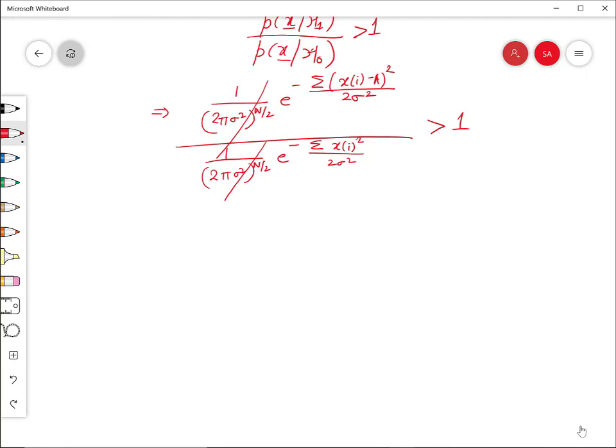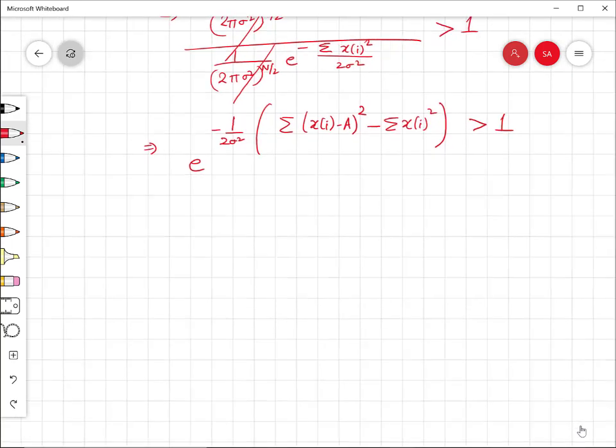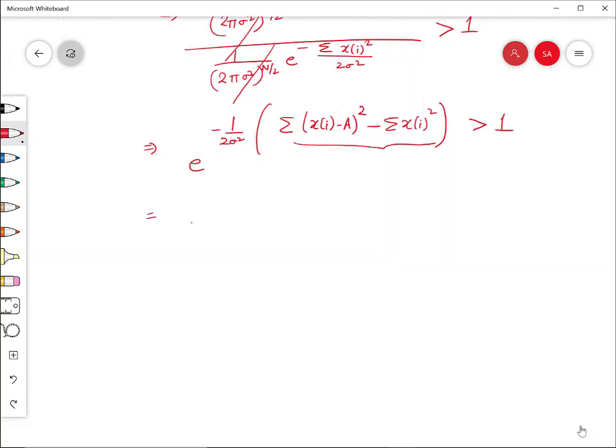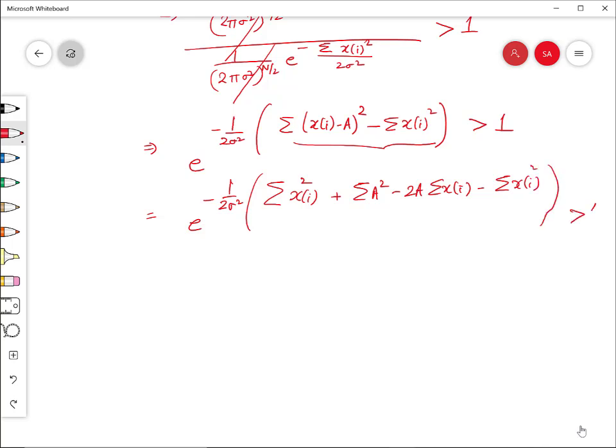These two things will cancel out. Let's take the denominator to the numerator. It will become minus 1 over 2 sigma square, summation (xi minus A) whole square minus summation xi square, is greater than 1. Let me expand this particular function here. So it becomes summation xi square plus summation A square minus 2A summation xi minus summation xi square, and you can see these two things cancelling out.